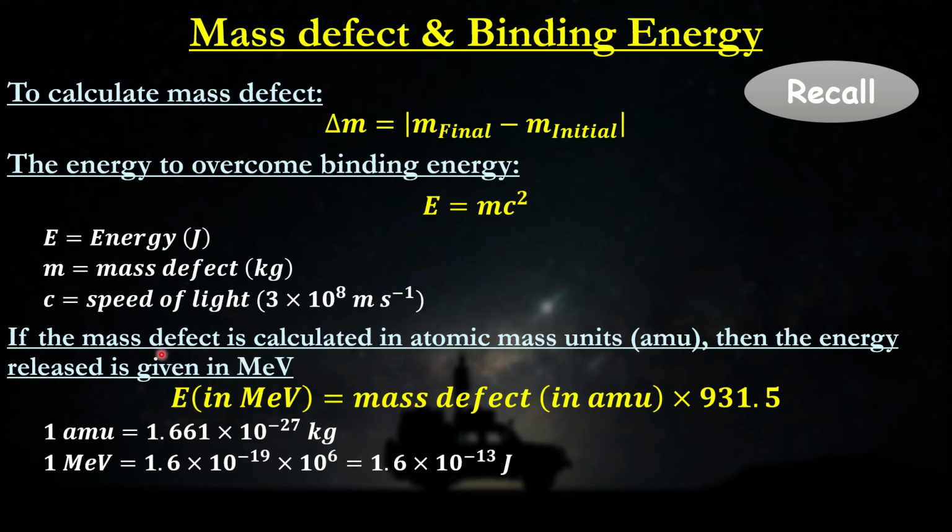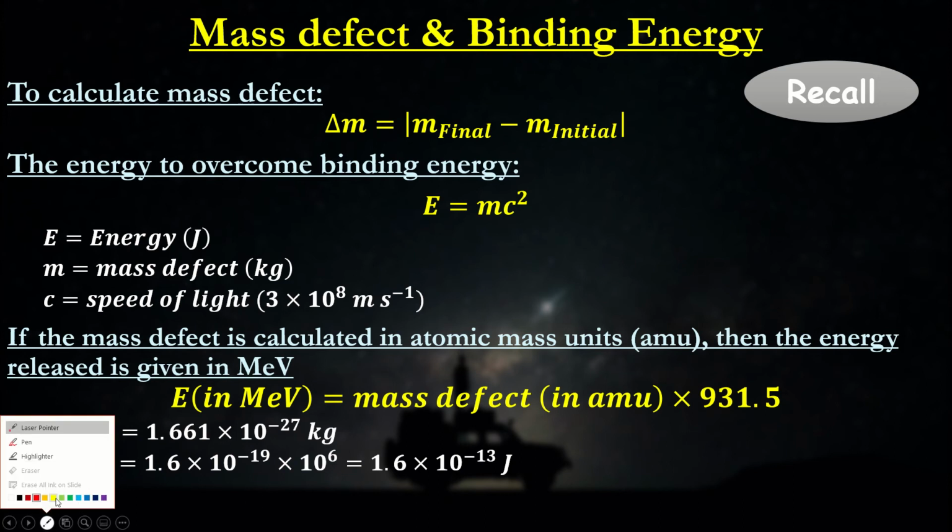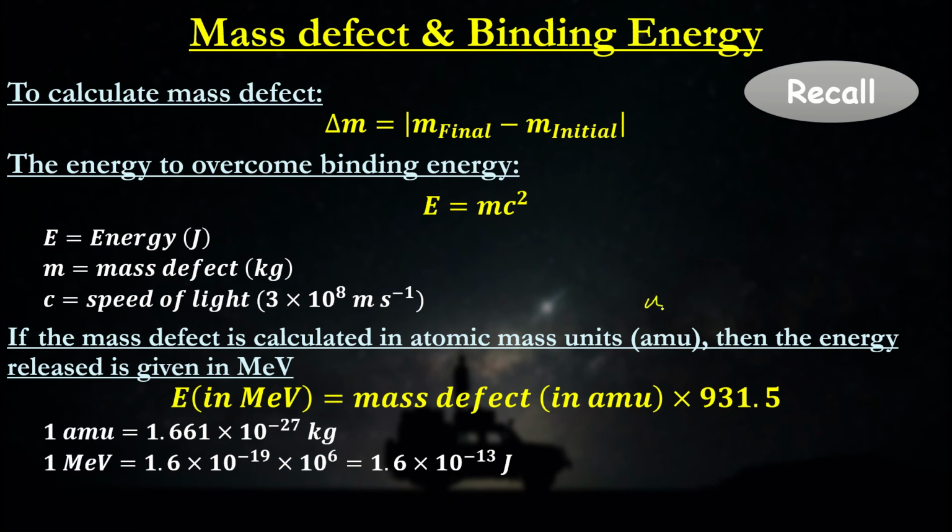Another way we can measure mass defect is by the unit, atomic mass units. Sometimes you'll find that the unit can be given as simply a lowercase u. Otherwise, we are measuring in mega electron volts. Remember, if you want to convert this back into joules, you simply multiply whatever value you have for that energy by the charge of the electron.